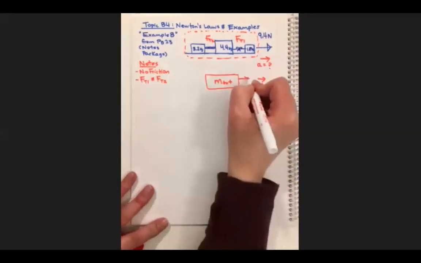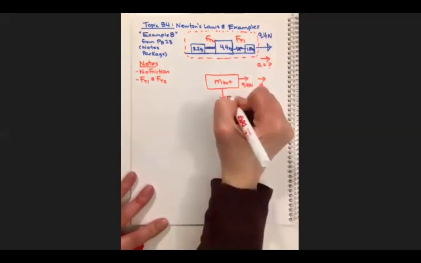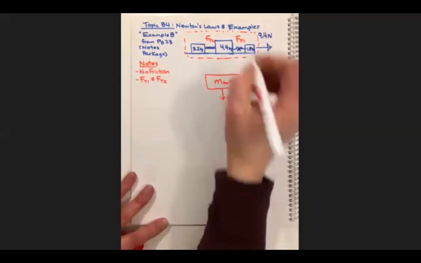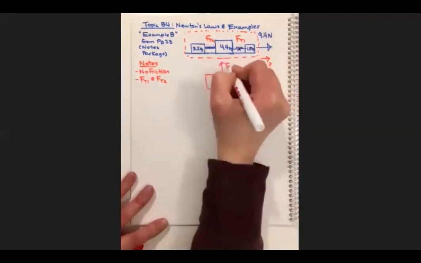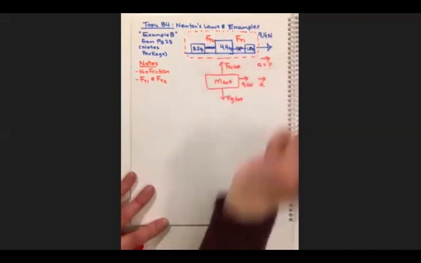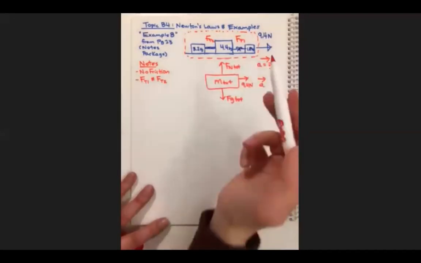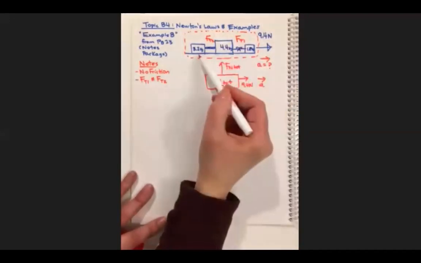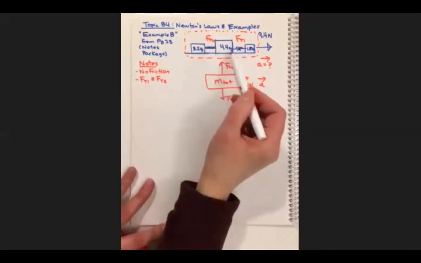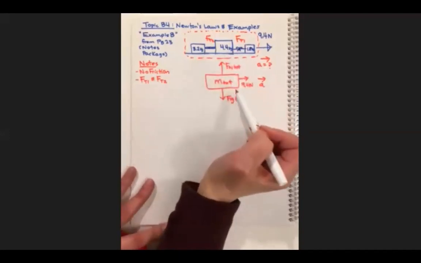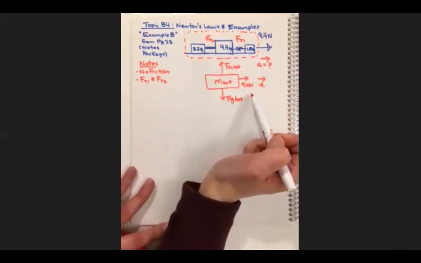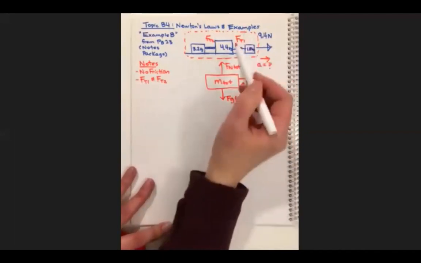We only have the 9.4 newtons force horizontally. We of course have the FG total downwards and the FN total, the normal force, upwards. If we combine these three objects together, the free body diagram is very simplified. There's fewer forces than if we had to deal with all of these action-reaction pairs.